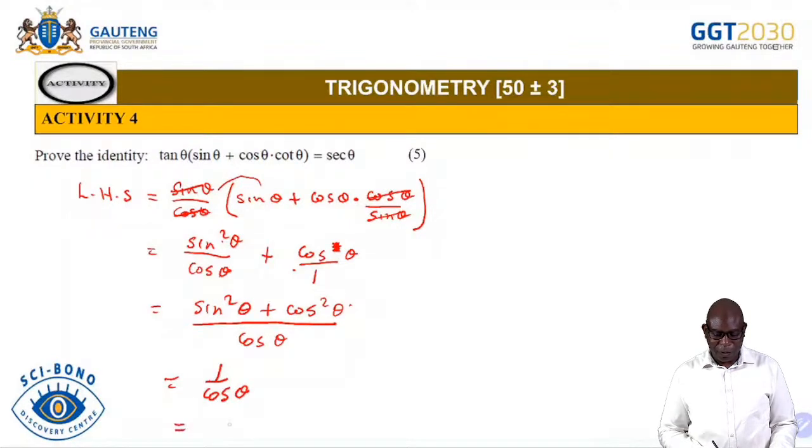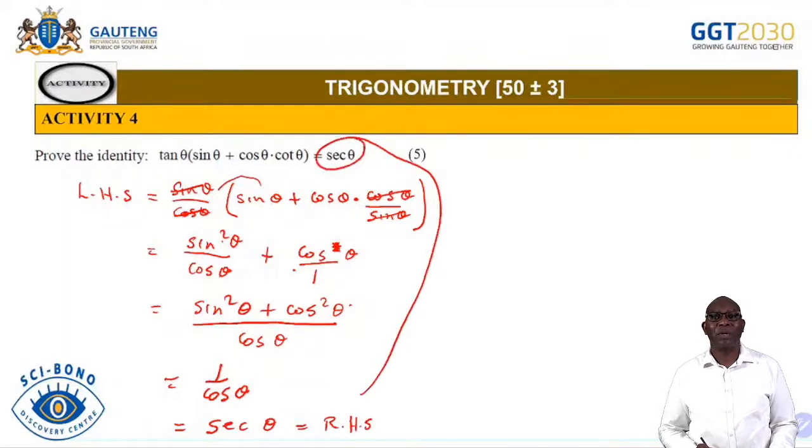What do I know about 1 over cos? It's sec of theta. And this is the same as the right-hand side, which is the answer that I'm looking for. Remember, I'm proving, so I need the left-hand side to be equal to the right-hand side. Some of us can stop here, and others go to the right-hand side and write sec as 1 over cos. Still fine, because the left-hand side will be equal to the right-hand side.